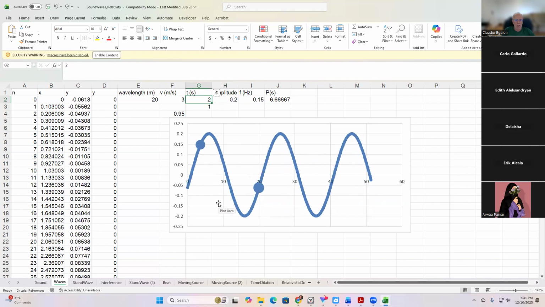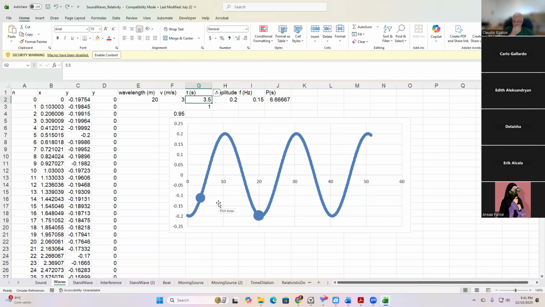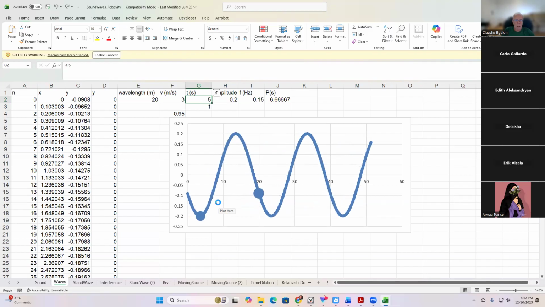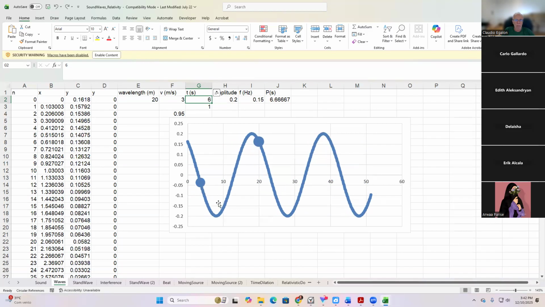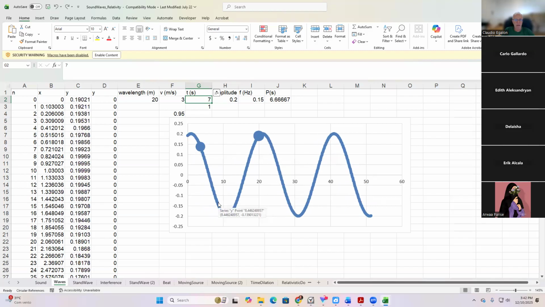Going down, reach the trough, right? It seems the period is going to be 7 seconds for this one because we reached the bottom at 3.5 seconds. Do you see that? It's going to go up, 6, 6.5, 7. A little bit less than 7, because it overshoots the peak, okay?